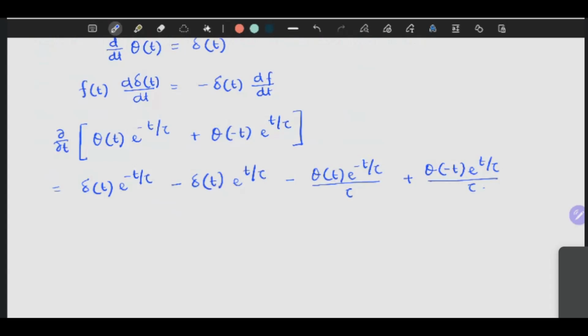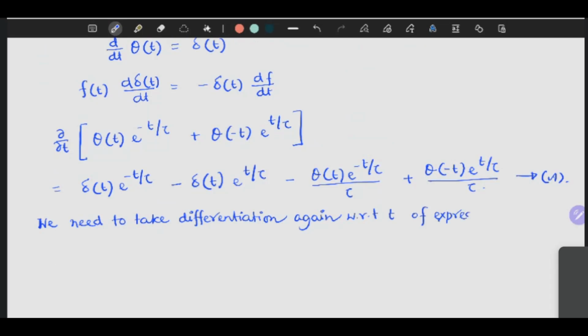Now again we need to calculate these functions. Now let's say this is a. We need to take differentiation again with respect to t of expression a.